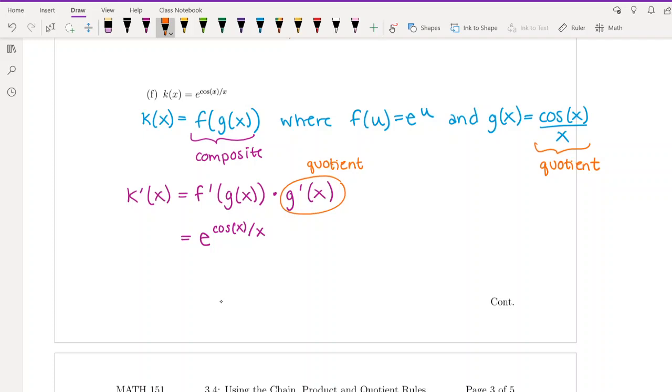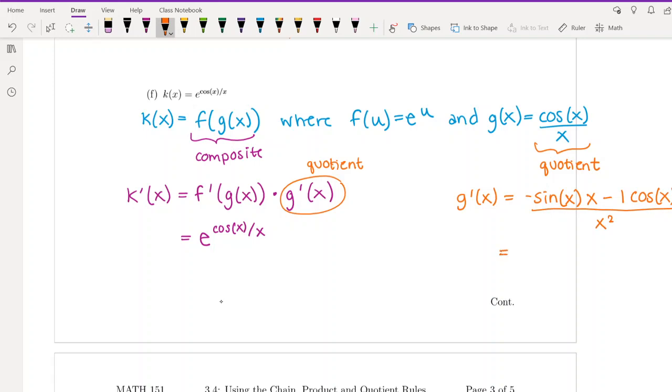So how do we find the derivative of g of x? Well, we take the derivative of the top, which is negative sine of x, multiply that with the bottom, and from that subtract the derivative of the bottom, which is 1, times the top, which is cosine of x, and all divided by x squared.